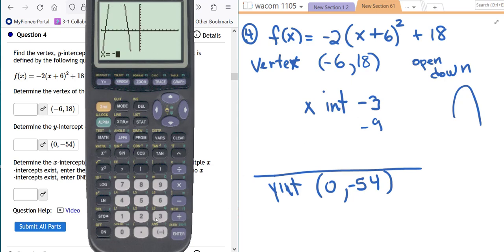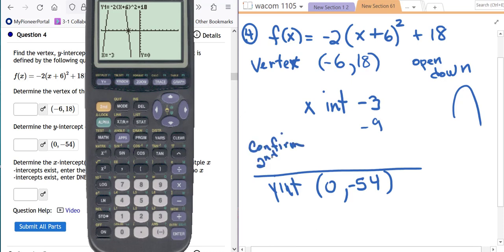And what you want is for the y value on it to be 0. And that means it's not on a fraction. That's exactly where it is. So this one we confirmed. Confirm these with second calc value. They looked like they would be integer values. And this one was.